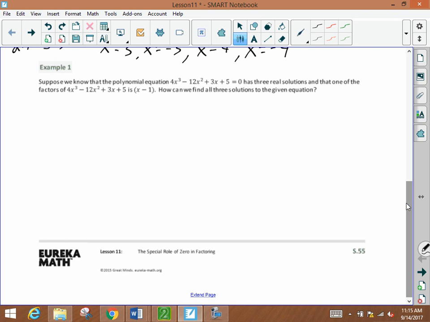Clearly, if x minus 1 is a factor, one of our solutions is going to be positive 1, right? We've got to find the other 2. How are we going to do it? We'll use division.